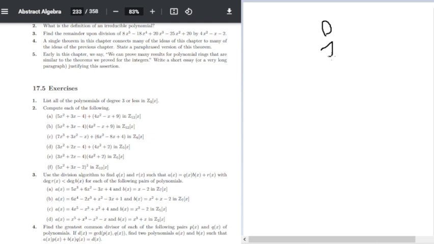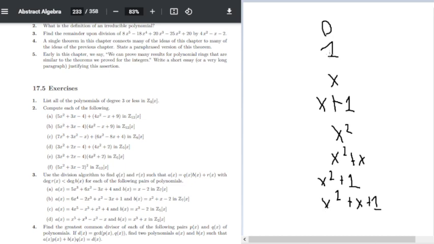We have x squared. We have x squared plus 1. No, x squared plus x. x squared plus 1, and x squared plus x. So 2 to the 3 choices for polynomials.